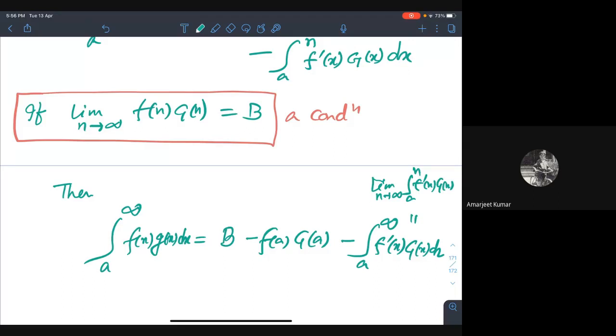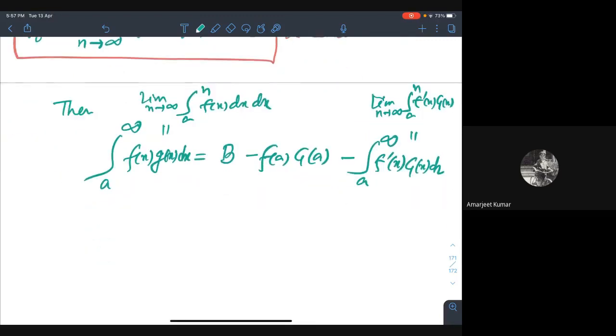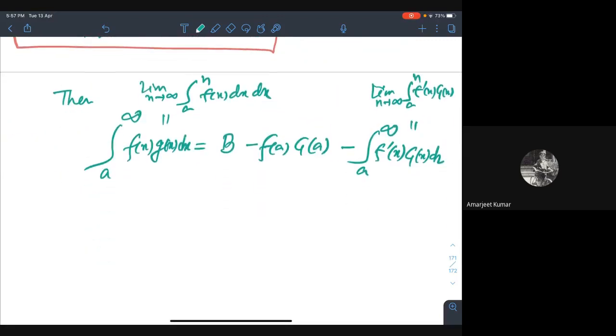And this is as it is. So this is the limit as n tends to infinity of the integral from a to n of f(x)g(x) dx.